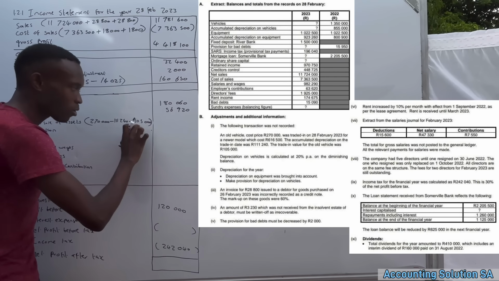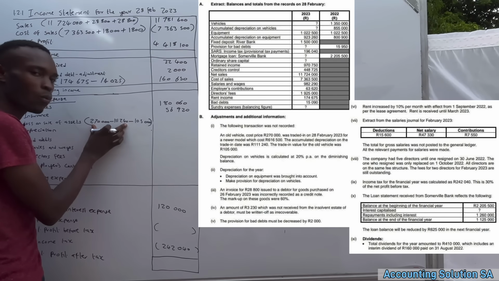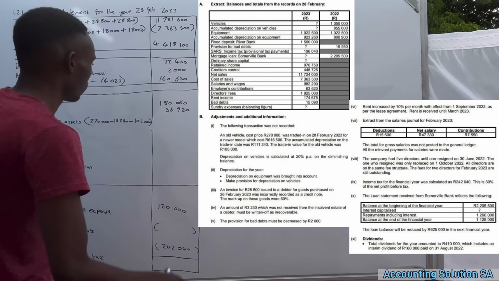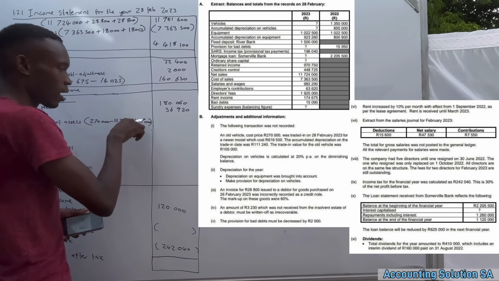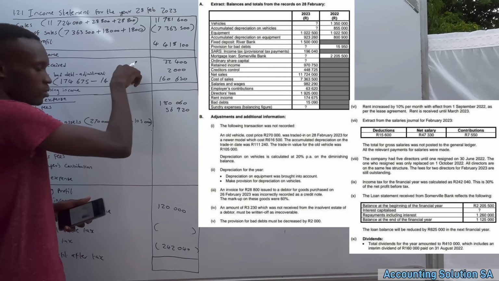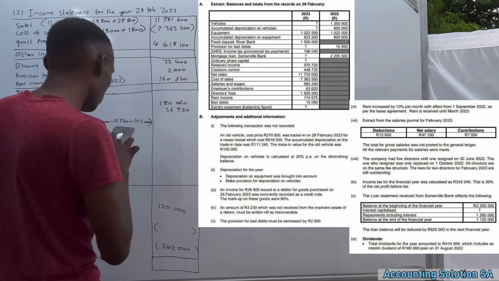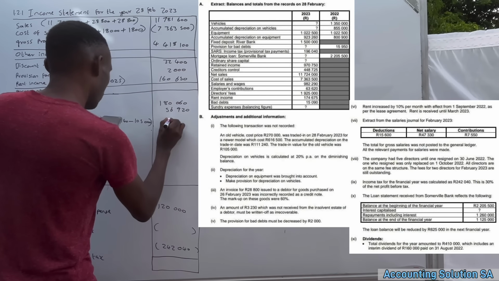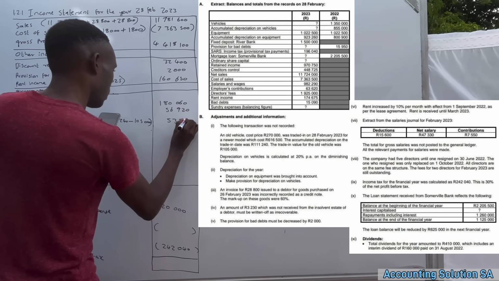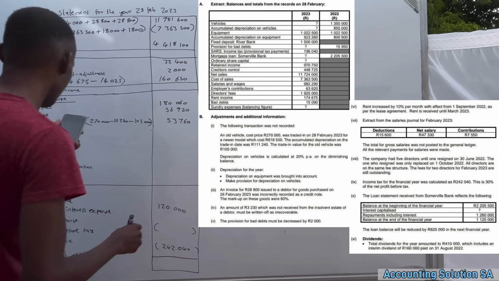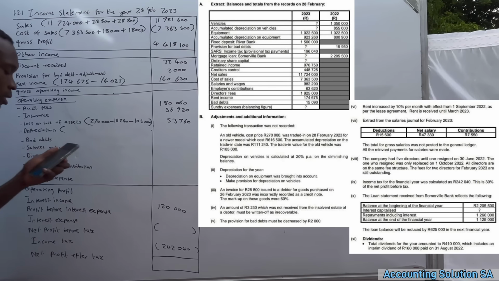We sold it for 105, but it's worth 150 something. If you subtract these two, then it's a loss. But if we sold it at a high price, it was going to be profit on sales of assets. Okay, it's a loss of 53,760. Okay, depreciation part. This depreciation part for this question paper was not tricky, but if you don't know, you are going to get it wrong.